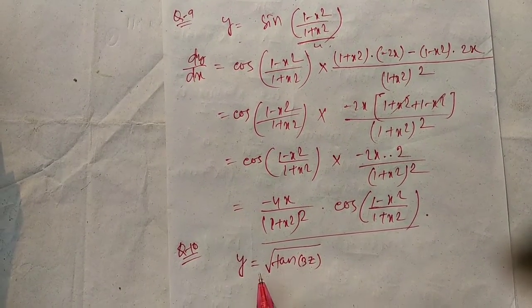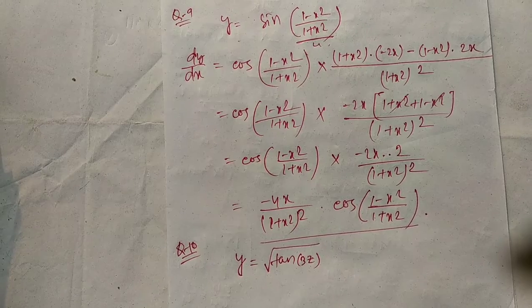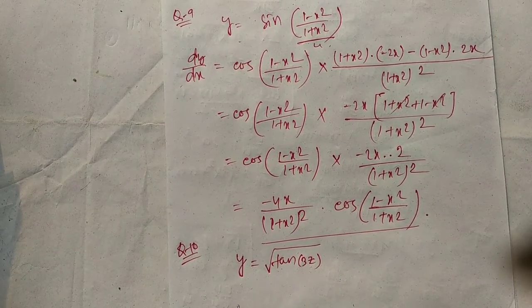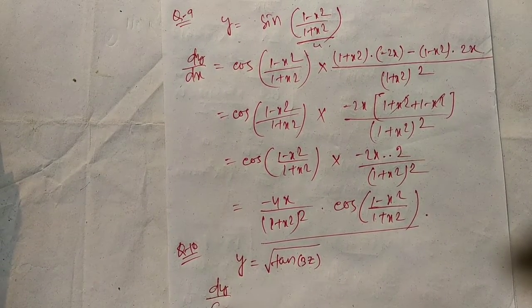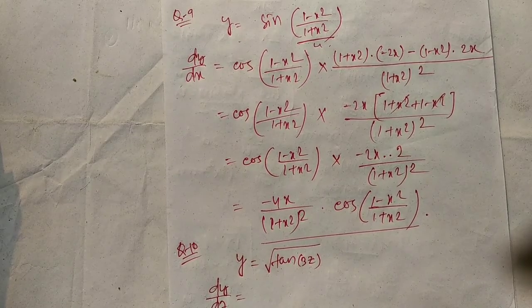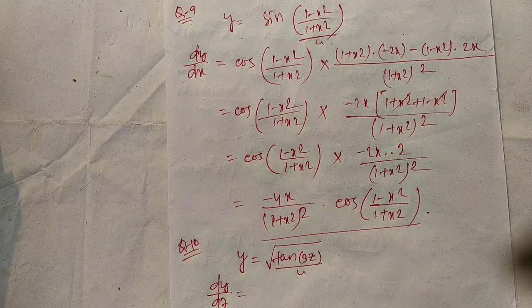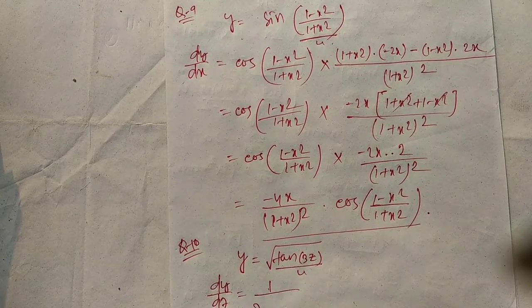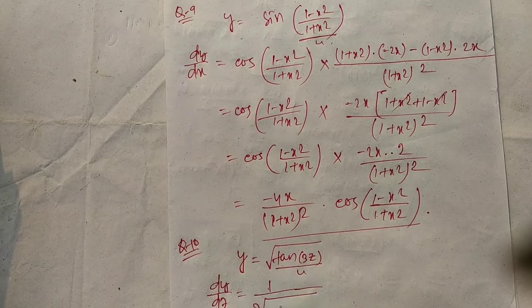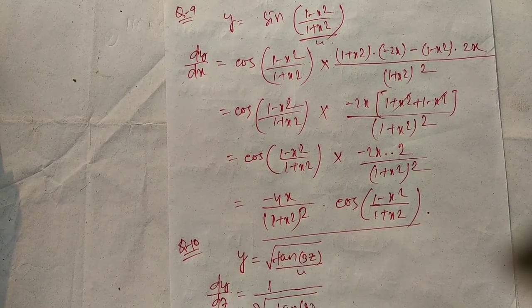Here the question is y is equal to square root of tan 3z. That means here the variable is z, so we have to differentiate with respect to z. dy by dz will be, let's say this one is u. The derivative of root u with respect to u will be 1 by 2 root u. Just replace the value of u, that is tan 3z.